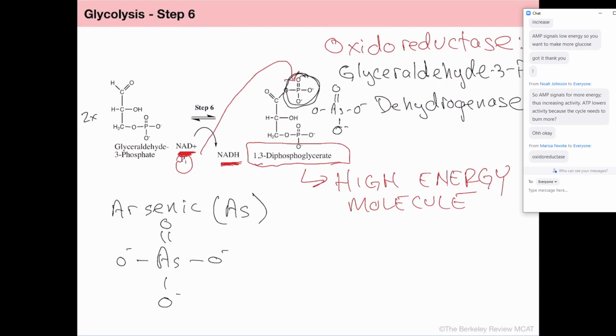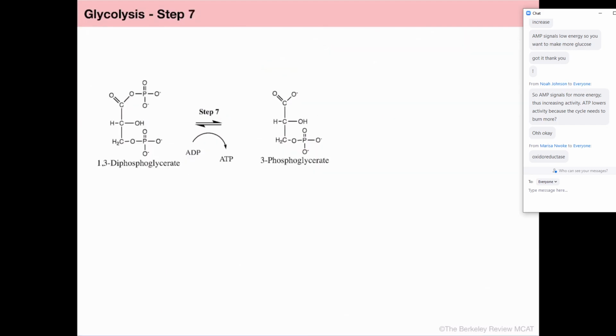You don't gain after your net energy investment of 2 ATPs. If it comes up on the MCAT, this would be a decoupling reaction. So arsenic here would decouple glycolysis and prevent a net storage of ATP.